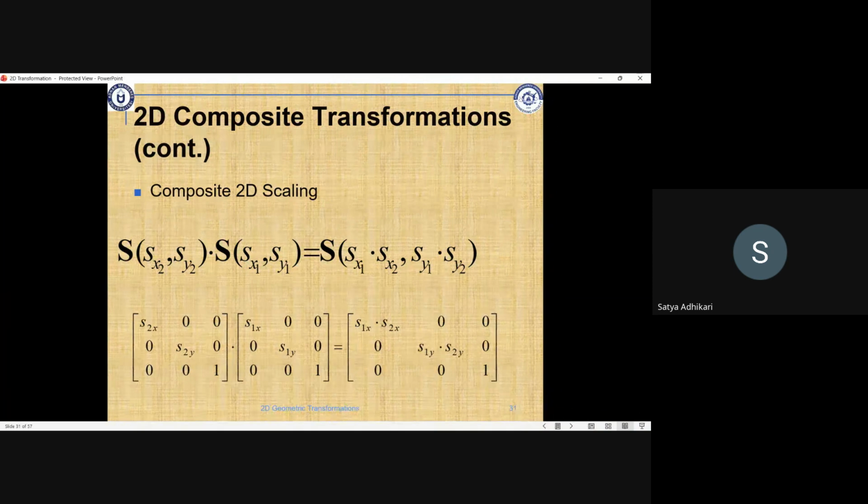You see, if there are two operations with two scaling factors s1x, s1y and s2x, s2y, you need not perform two operations separately. You have to perform only one operation, with the resultant matrix s1x times s2x, 0, 0; 0, s1y times s2y, 0; 0, 0, 1.